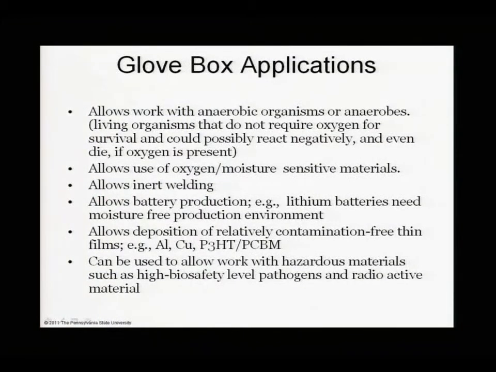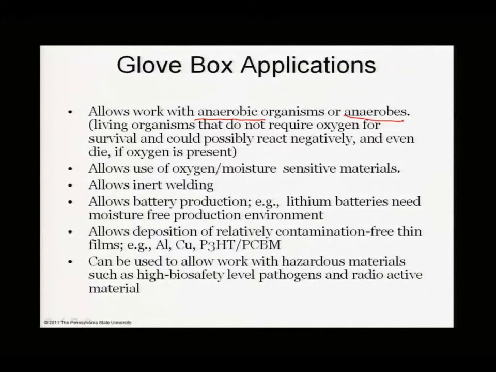Now, how are glove boxes used in nanotechnology? Well, they're used in a lot of different ways. For example, in nanobiotechnology or biotechnology, they're used to allow folks to work with anaerobic organisms or anaerobes.